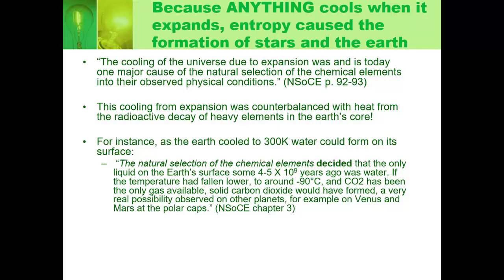And R.J.P. Williams puts it this way: the natural selection of the chemical elements decided, I love it when he uses these anthropomorphic terms, it kind of blows my mind, that the only liquid on the Earth's surface 4 billion years ago was water. If the temperature had fallen lower, CO2 had been the only gas available, solid carbon dioxide would have formed.